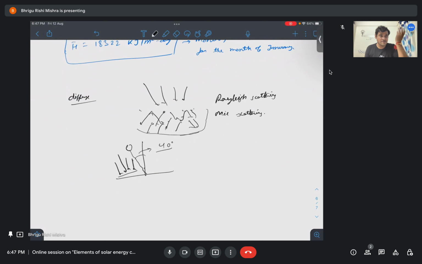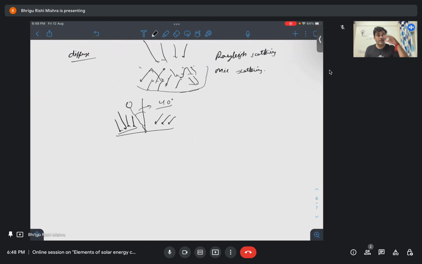Water particles can scatter it or absorb it. Okay, so the radiation which is not coming at the angle at which the sun is radiating towards the surface is called the diffuse radiation, or simply the radiation which is scattered by the aerosol concentration or by the particles available in the atmosphere. That is called the diffuse radiation.